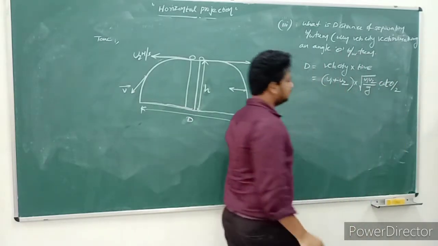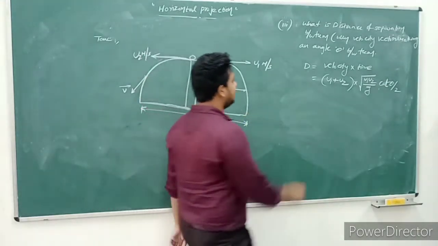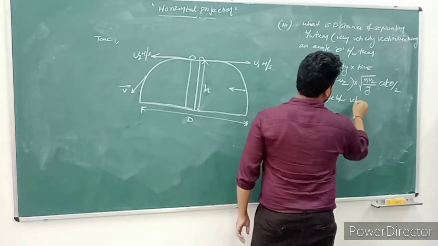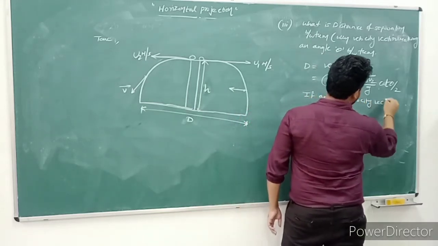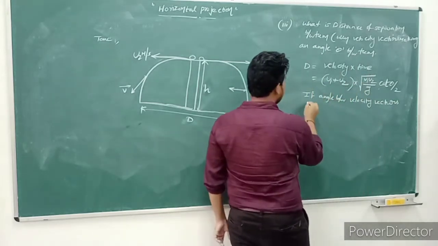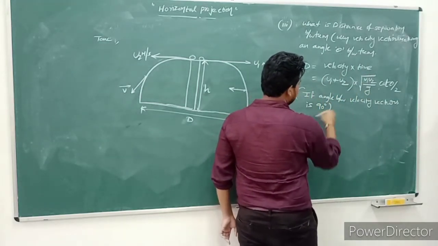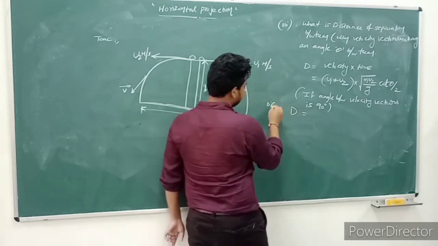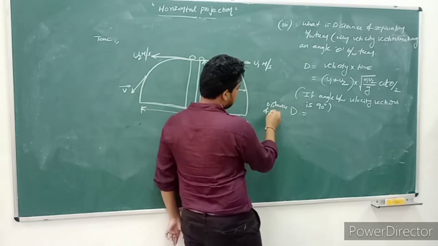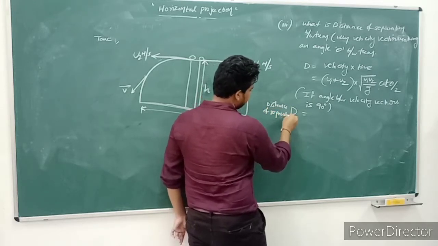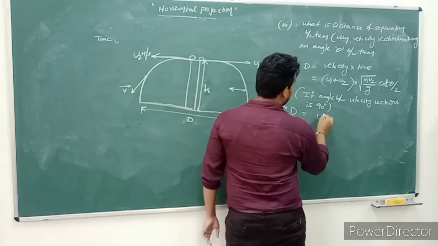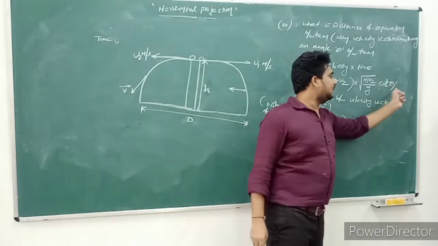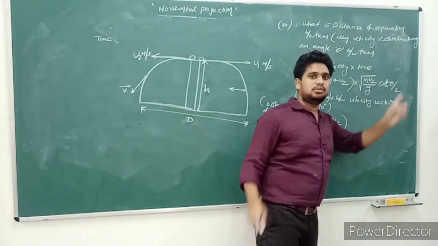Cot theta by 2. If theta is 90 degrees, if the angle between velocity vectors is 90 degrees, then the distance of separation formula is u1 plus u2, same formula. Here theta is 90 degrees, 90 by 2, we got 45 degrees.